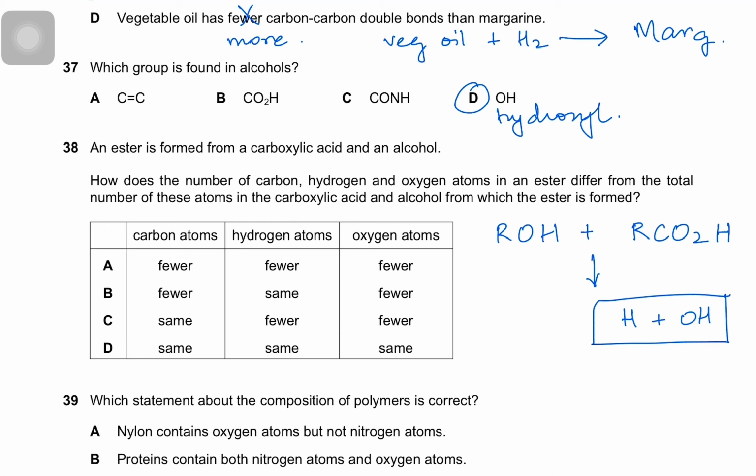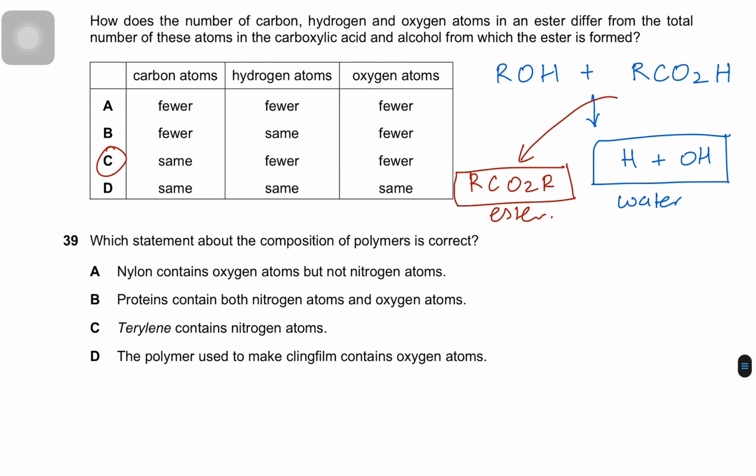So hydrogens are fewer, oxygens are fewer because they are lost to make water, but the carbons remain the same because carbons become a part of the ester.